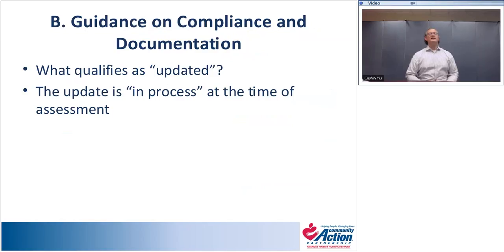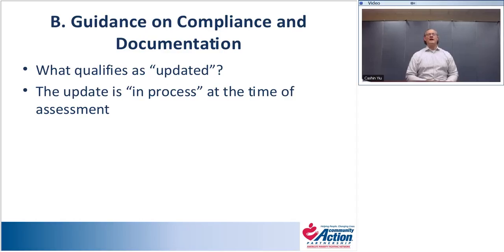So two potential questions that might come up in terms of interpreting compliance with the standard. The first is what qualifies as updated. So again, if you potentially just provide your board with a link to outcomes related to your Community Action Plan, that might potentially not qualify as meeting the standard. Again, the intent of the standard is for your board to really review those outcomes, have a discussion about them.